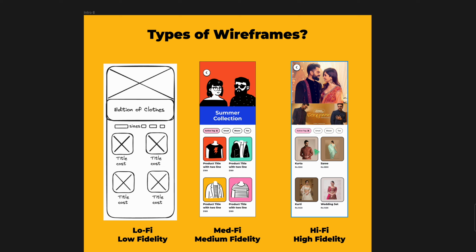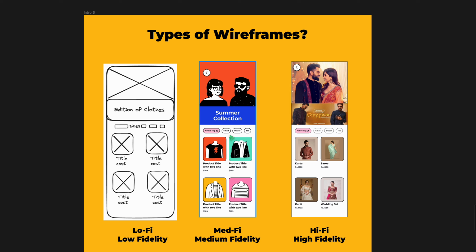This is a design team's job to give you an output. But as I don't have any design team, I went ahead and said, let me try to build this. There is a man and a woman. There is a summer collection, and this could be any collection. So this is a wedding collection.